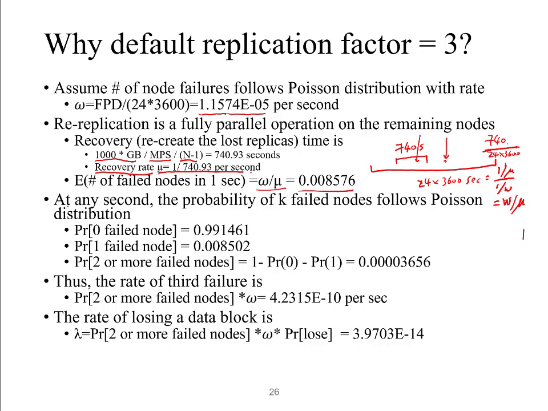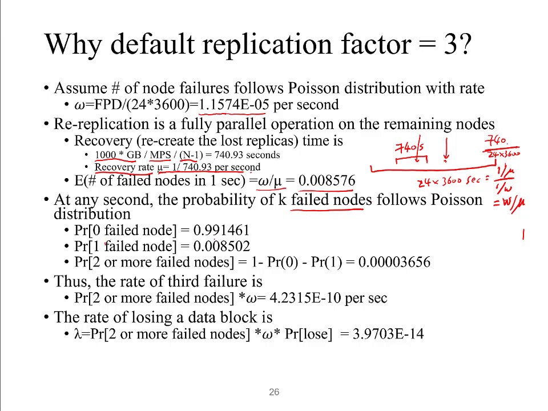Now, at any second, we know that the probability of there existing k failed nodes follows the Poisson distribution. Again, a failed node means the node has failed and has not been recovered yet. Then we can compute the probability here.